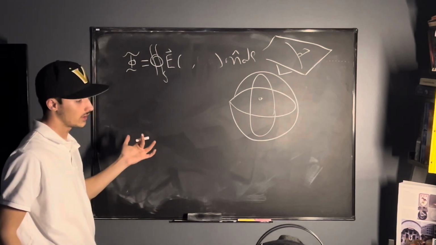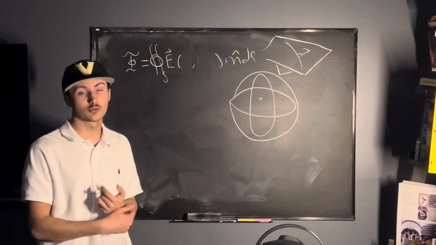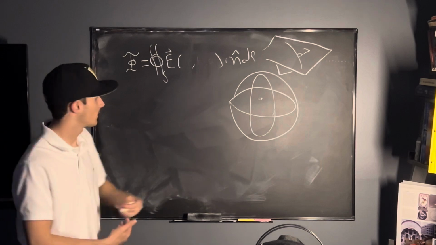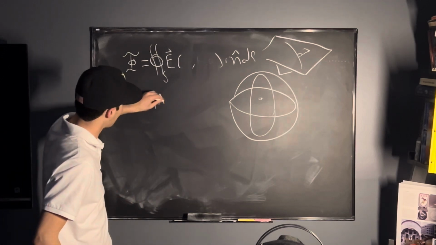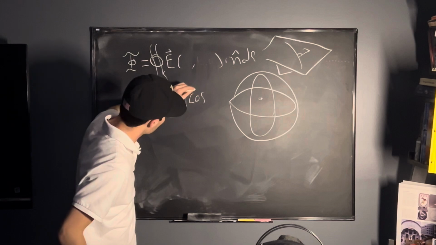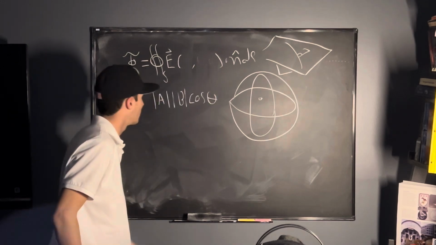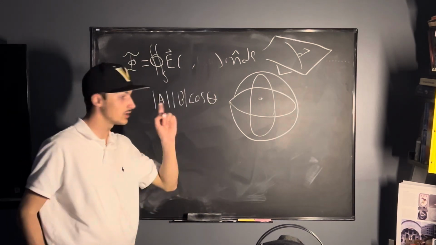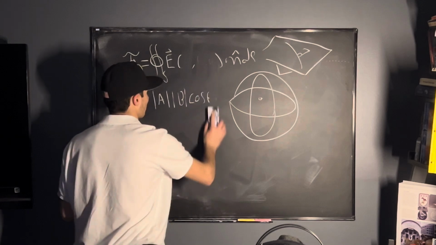And if you recall the formula for the dot product in terms of angle magnitudes, we will get A, B, cosine theta, and cosine of 0 is 1. So this is 1.